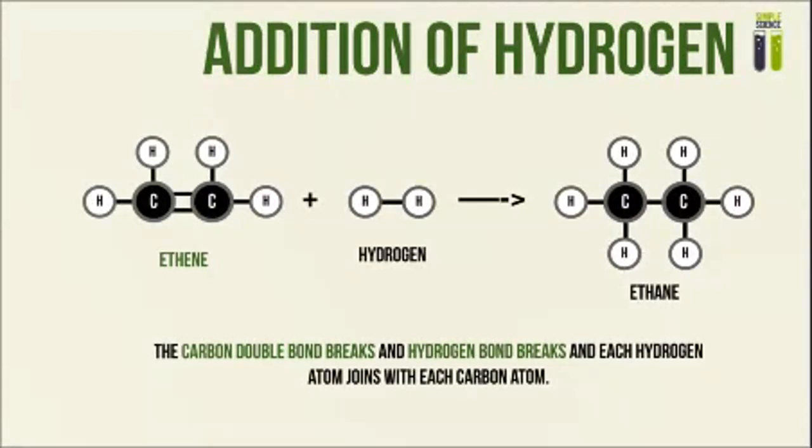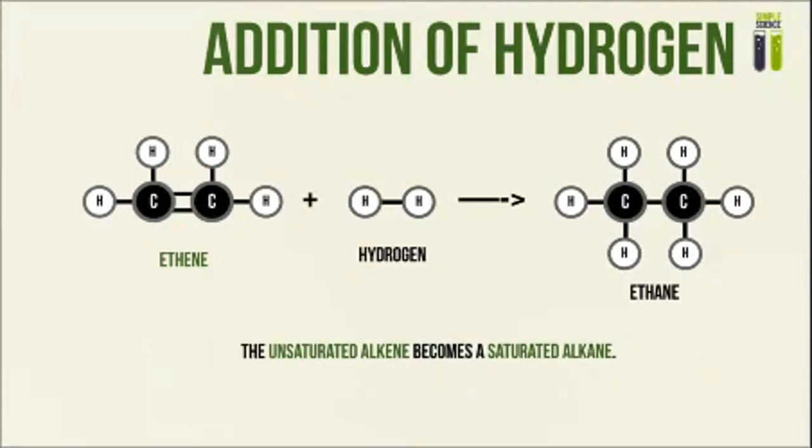So an alkene, when it breaks the carbon double bonds and joins with 2 other hydrogen atoms, will form an alkane. And this is an example of hydrogenation. Okay, there you go.